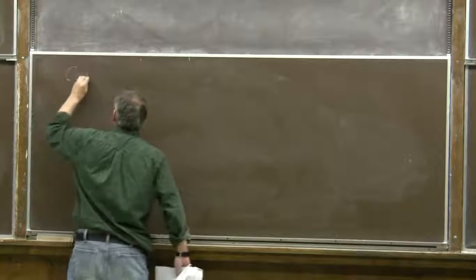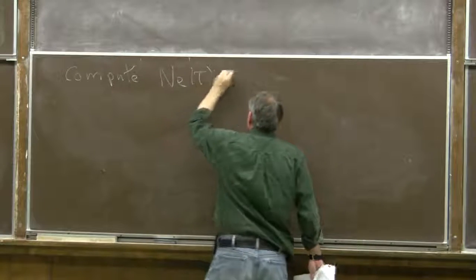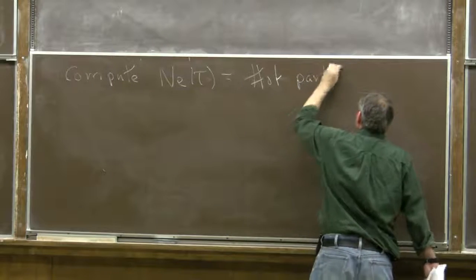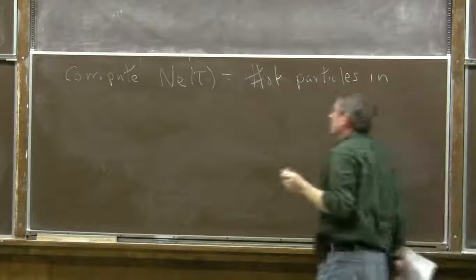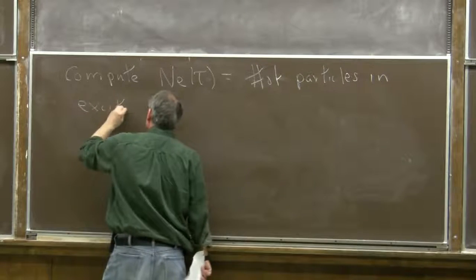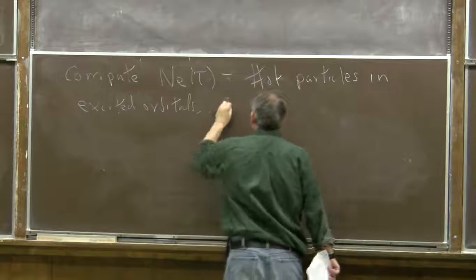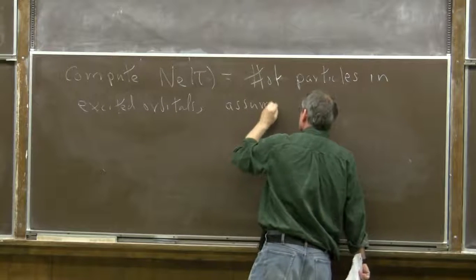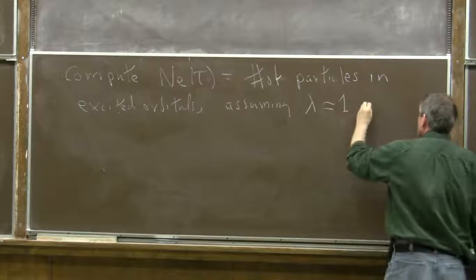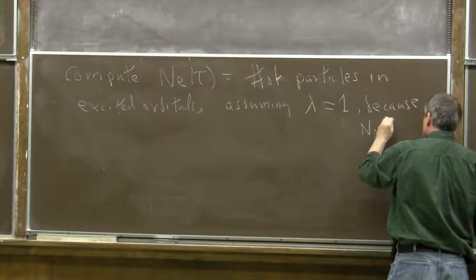So we'll compute the number of particles in excited orbitals, assuming the activity is essentially 1 because n0 tau is very large.